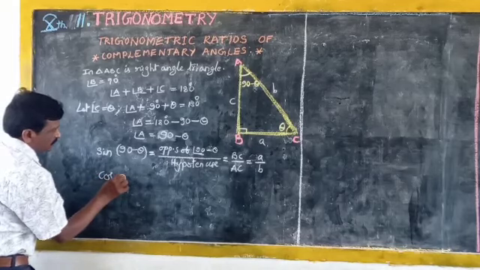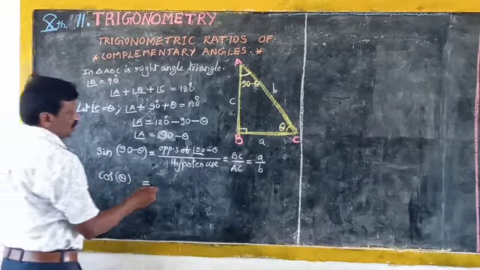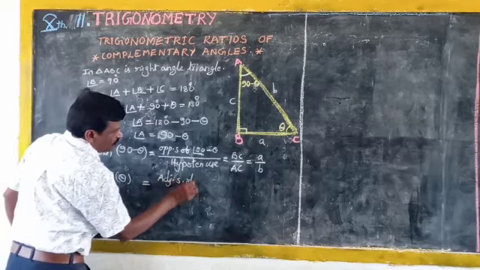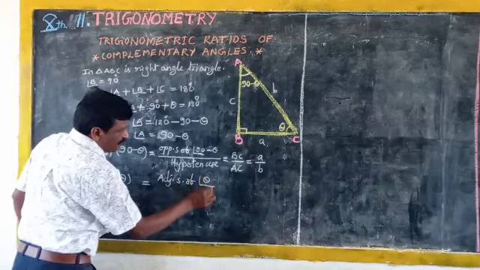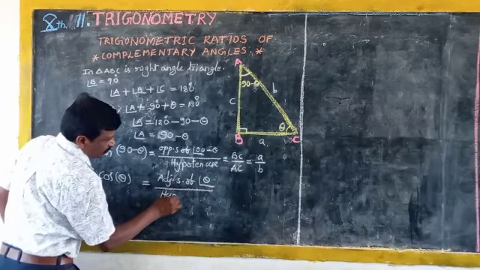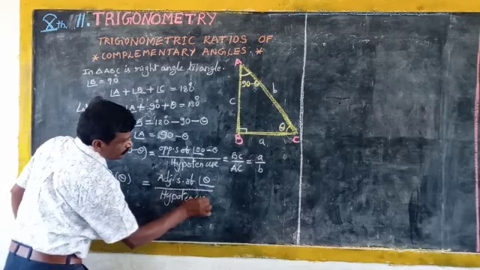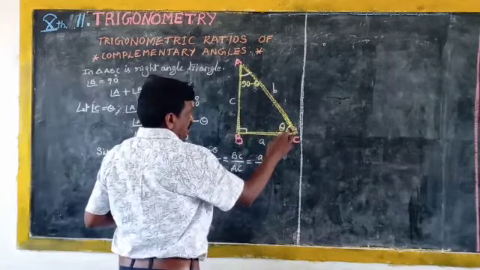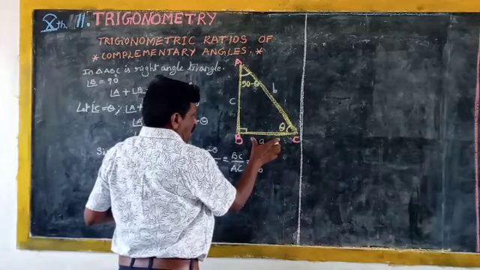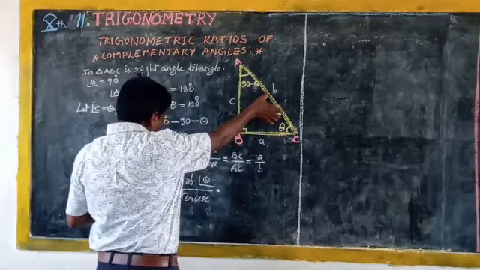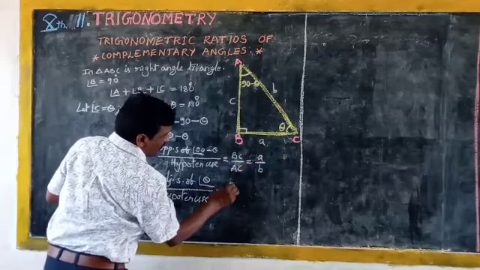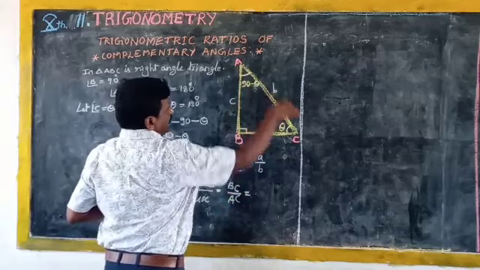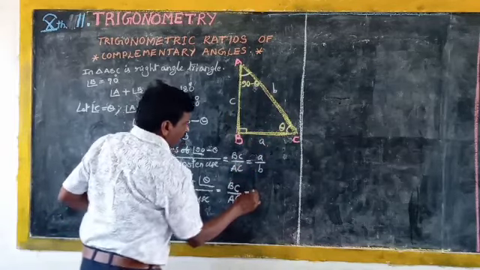Cos theta is equal to the adjacent side of angle theta by hypotenuse. Where is theta? This theta. Cos theta is adjacent side BC by AC, so a by b.